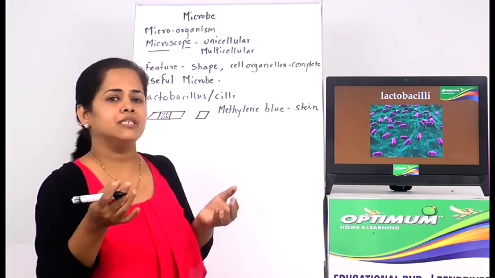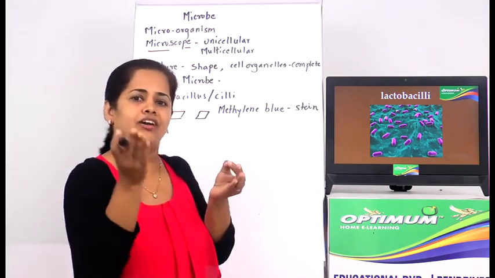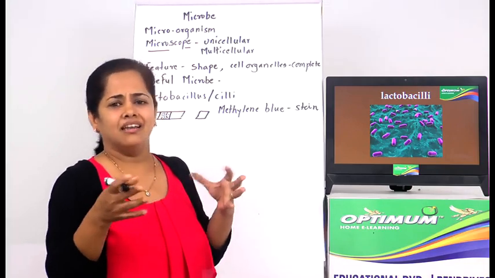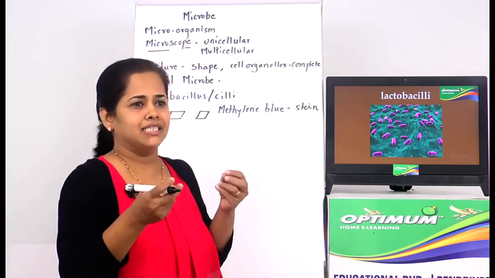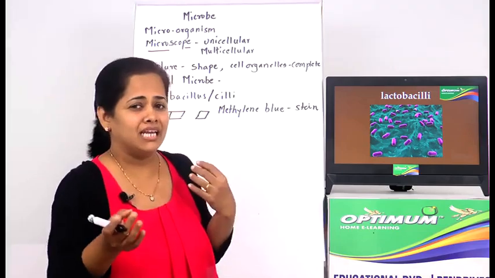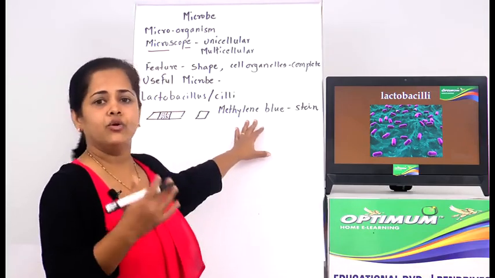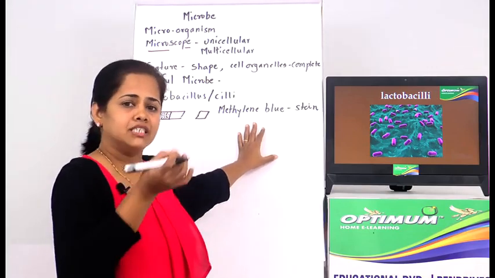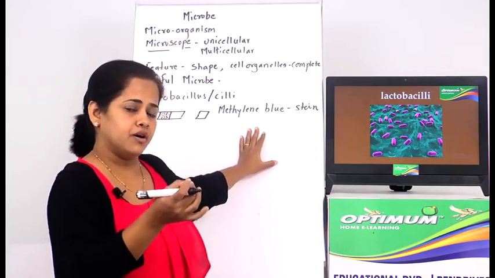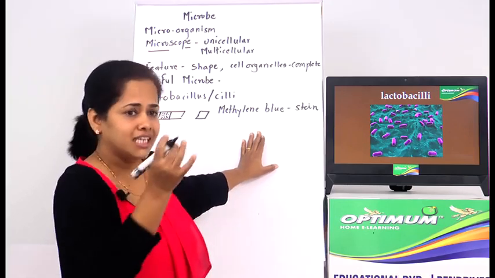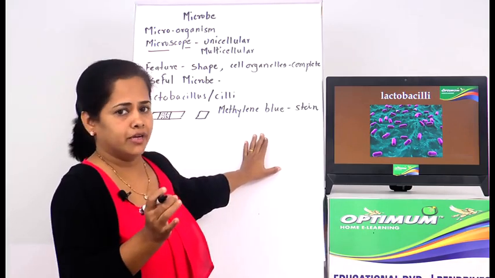Because usually what happens is, when we take a drop of something or a very thin section of something under the microscope, it is usually colorless, or maybe pale yellow, pale green, so everything appears very much the same. But when you add these stains or chemicals, the certain part which we want to observe takes that color and becomes colorful. So it becomes very, very easy to recognize that part under the microscope.